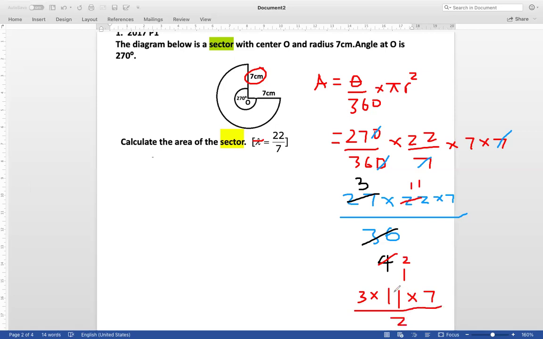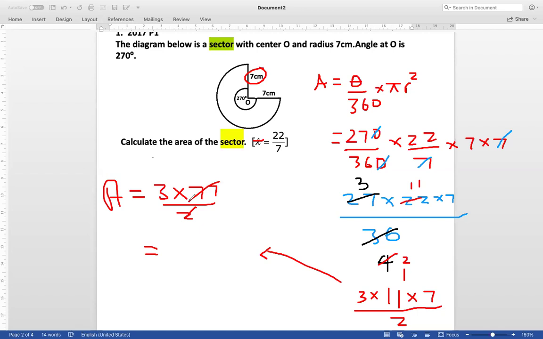So the area is equal to 3 multiplied by 7 and 11, which gives us 77, divided by 2. Most definitely here you can compute.